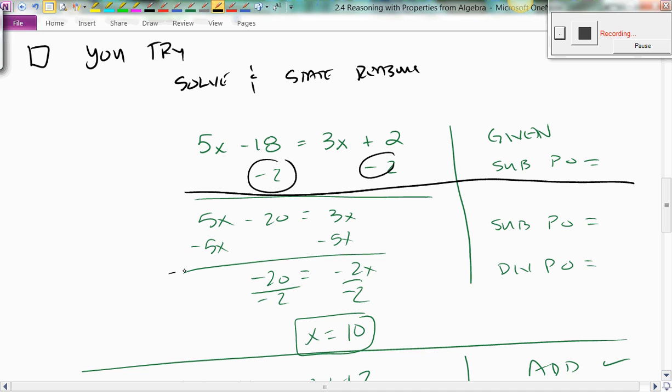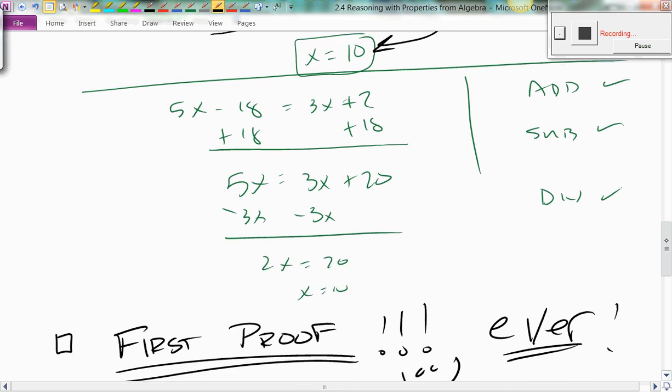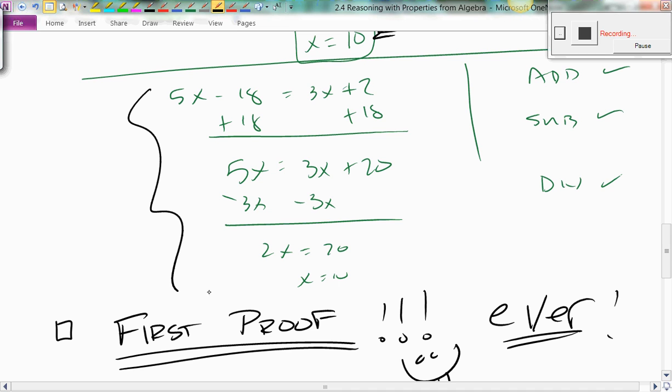Then again we had the subtraction property of equality because we were subtracting 5x from both sides. And then finally we had the division property and we got x equals 10. Then we had somebody else do it a different way, and they came up with the same solution of x equals 10, but they came up with different reasons on the right-hand side. So there are multiple ways of doing it, not just the one way all by itself.